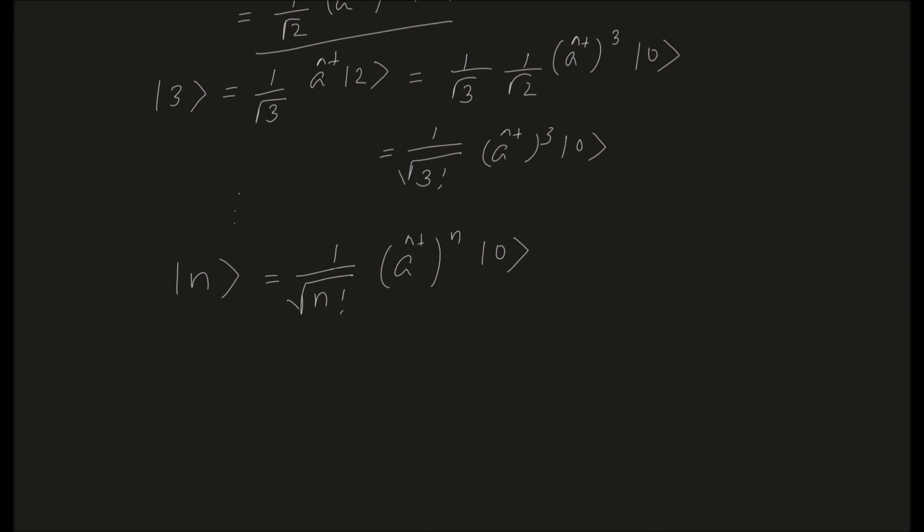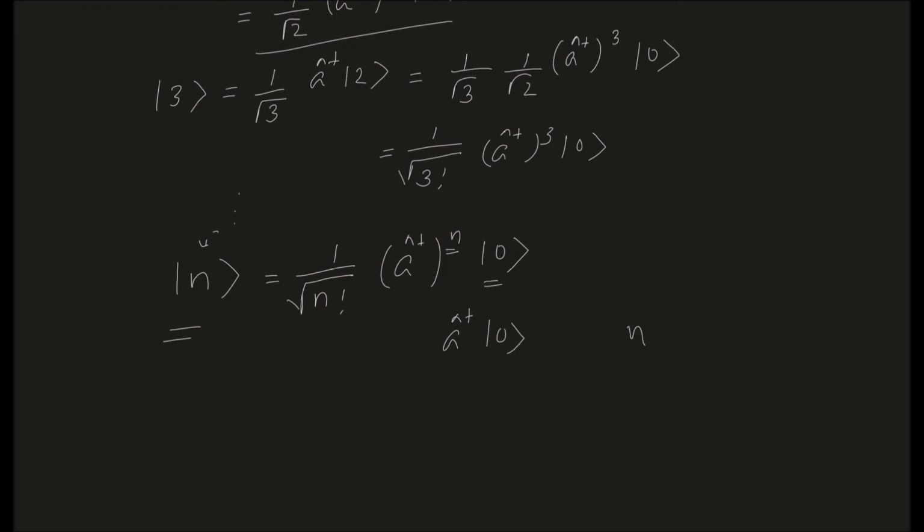So what it tells you is that to find any excited eigenstate n, we need simply to operate a dagger on the ground state for n successive times. If you operate a dagger n successive times on this ground state 0, we will get the respective excited state.